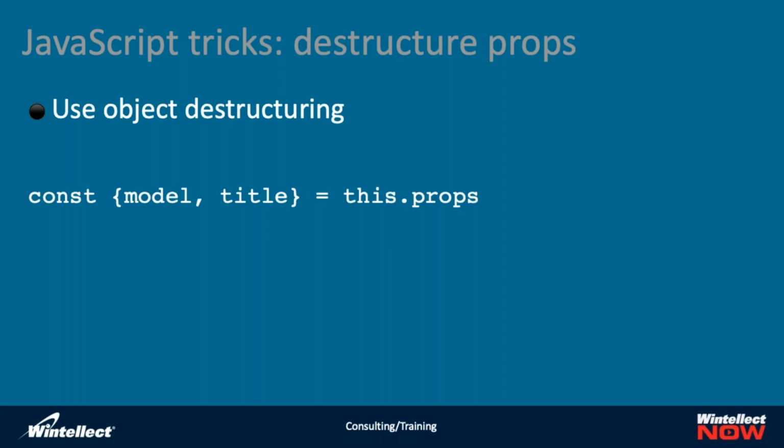This line uses the curly braces around the variable names that you want to use, and then you can destructure the this.props object to pull out model and title and create separate variables. And then I'll be showing some other JavaScript tips as I get into the demo portion of this webinar.